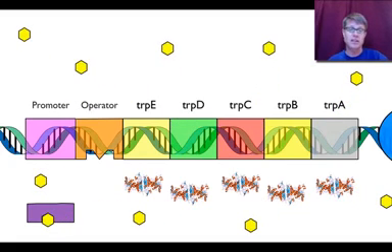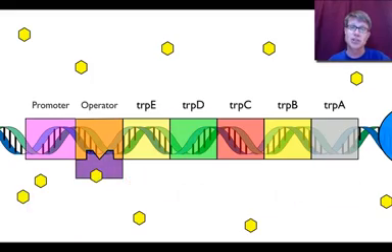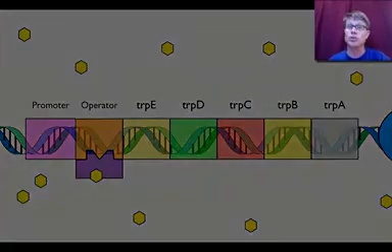So the tryptophan fits again, and it's going to turn off. What that gives us is really cool control as far as a bacteria goes. We have positive control in the case of lactose: whenever it shows up, we want to break it down. And with tryptophan, negative control: when it's there, we want to turn it off. So, a simple, neat engineering solution to a real-world problem.